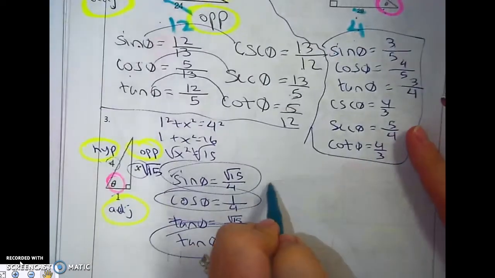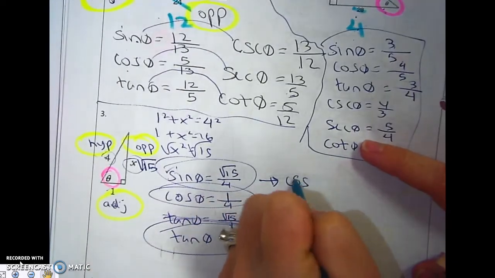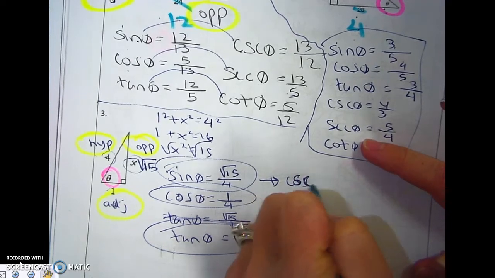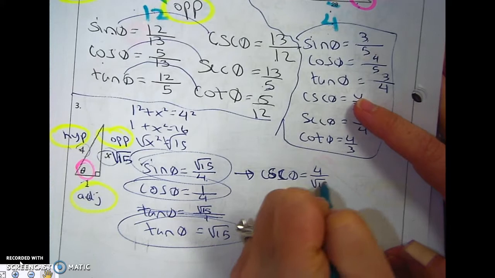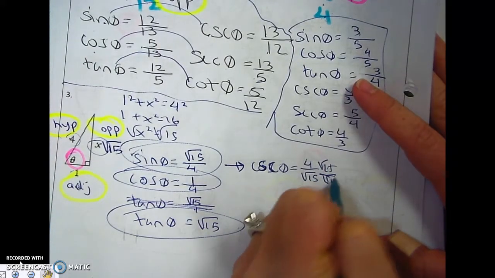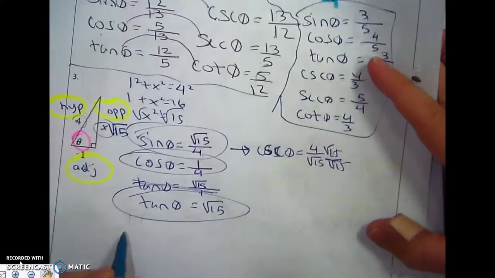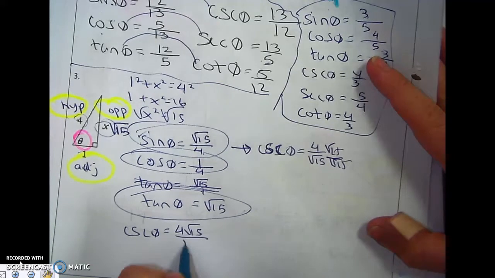Now, remember, the inverse of sine is cosecant. So that means I have to flip that. But remember, I can't have a radical in the denominator, multiply it by itself. So cosecant of theta is actually 4 rad 15 over 15.